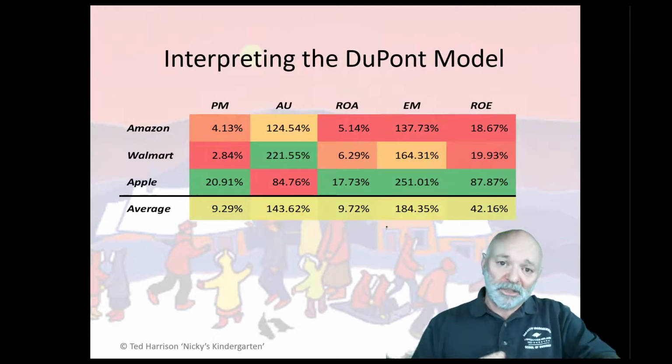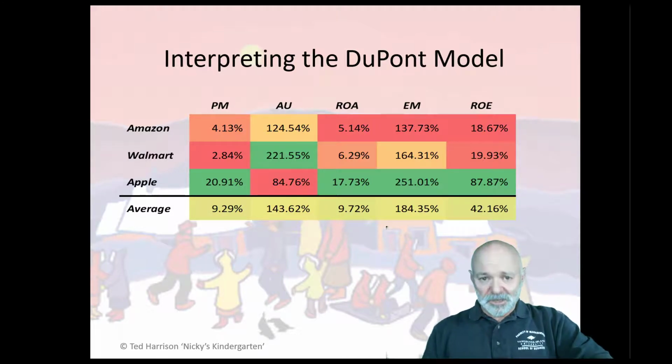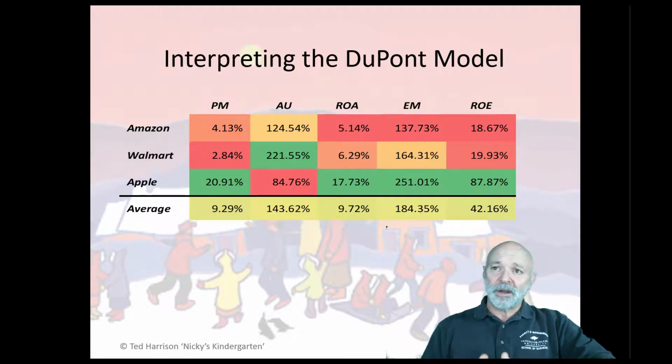Here's an example that's also provided in the teaching note where we compare the profit margin, asset utilization, and financial leverage or equity multiplier for 3 different companies. And they're not perfect competitors, but they're certainly companies that are often discussed in the same sentence.